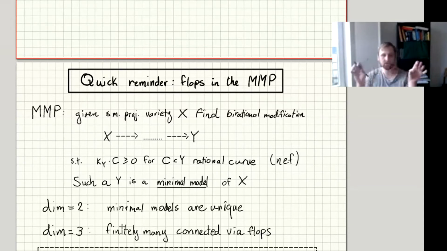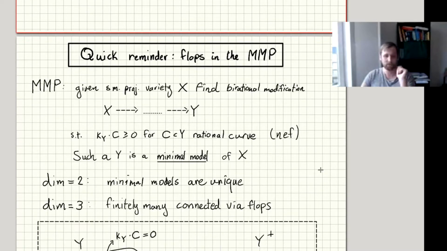And these finitely many minimal models are connected by some further birational maps called flops. Right, and flops also exist in higher dimensions, but the existence of minimal models is a bit more conjectural there. So today we're going to talk about dimension 3.